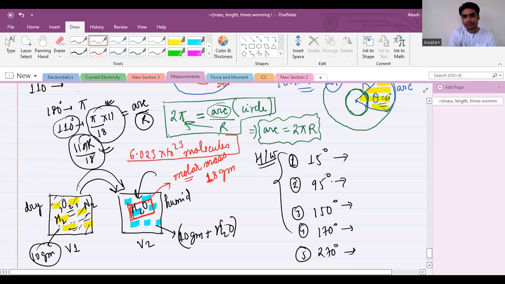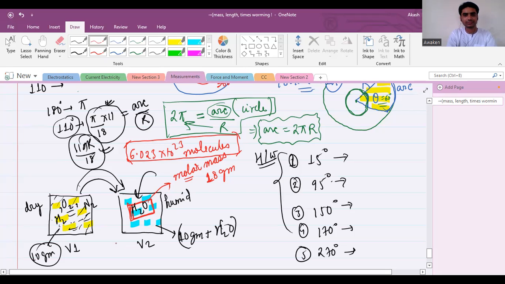Is atomic mass and molar mass the same? It's different actually. Atomic mass, you know? Okay, what is the atomic mass of oxygen?